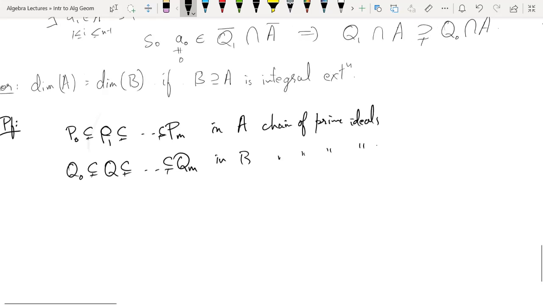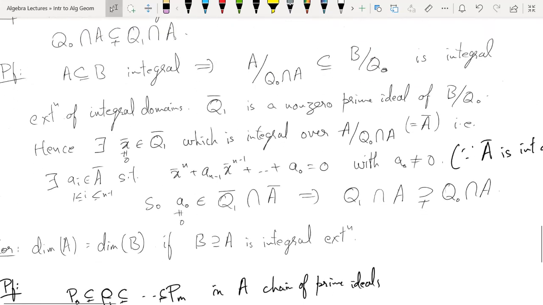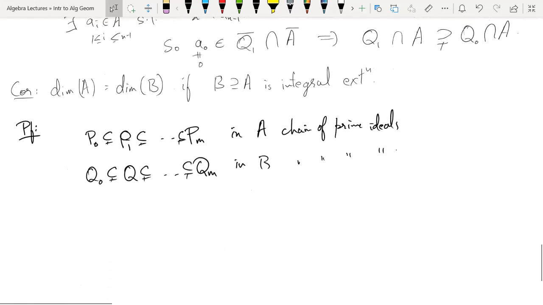And this inclusion will be strict because of this proposition: two different guys can't map to the same guy. So this implies dimension of B is at least dimension of A.